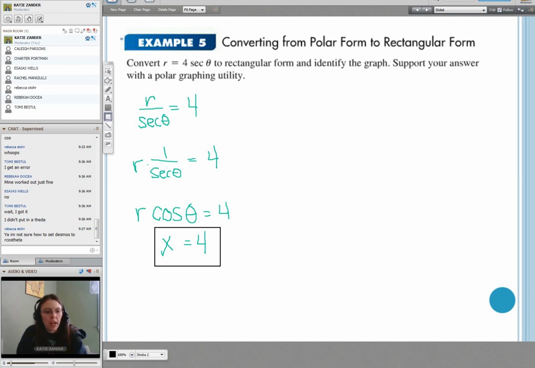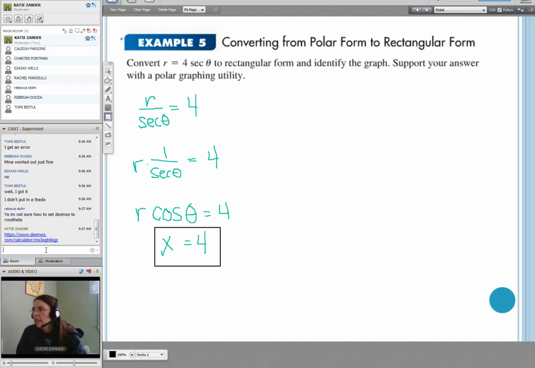Here we go. I think this will be okay for the Desmos. So all you have to do is in that first one, erase it essentially, and do 4 secant and then your theta. I'm not quite sure how to get our theta in there. Oh, you have to go to the ABC and then it's right underneath the P. So you have to use the actual keyboard function to get your theta in there if you're going to use Desmos. And you'll see that that does come up as a red line.